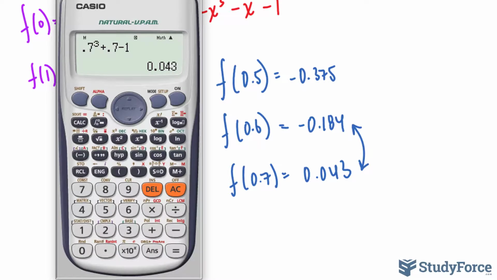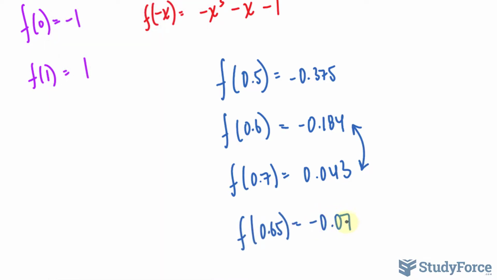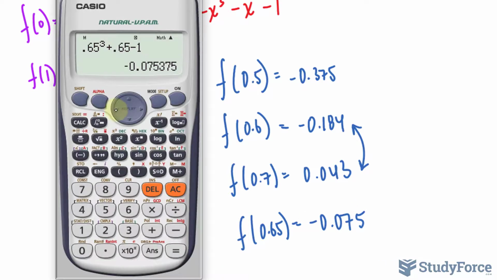Now, let's try 0.65. 0.65 gives negative 0.075, and the next one is 0.66. That doesn't work, so let's try 0.67. We need a positive output.